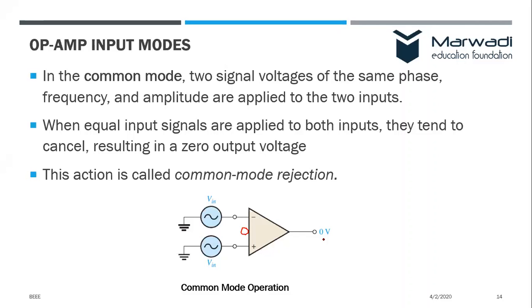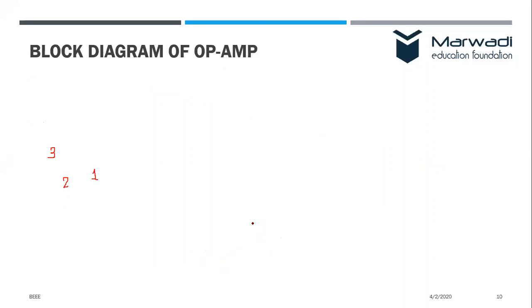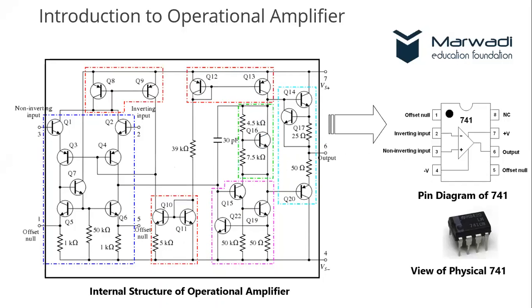So what will happen? Noise is something which will be common to both the terminals, right? It cannot happen that the noise is something different at plus and something different at minus, because if you look at the actual circuit configuration, this is number 2 and this is non-inverting terminal, third number, and this is inverting terminal, second number.